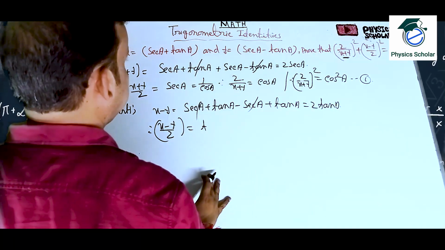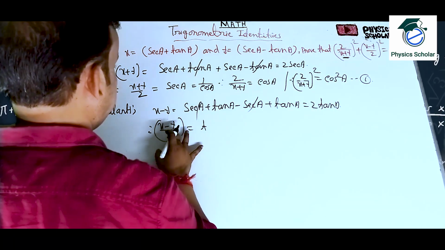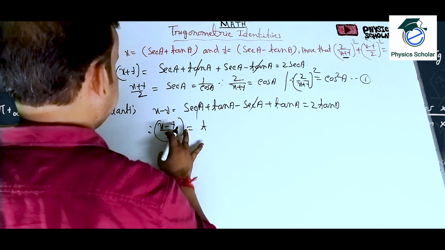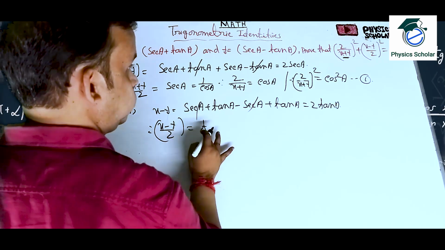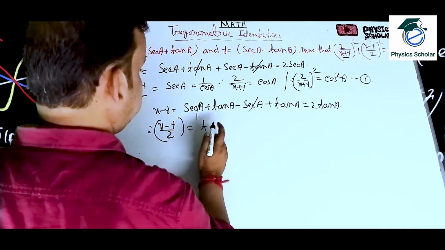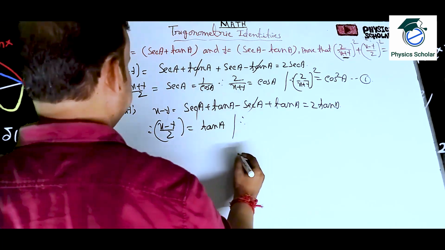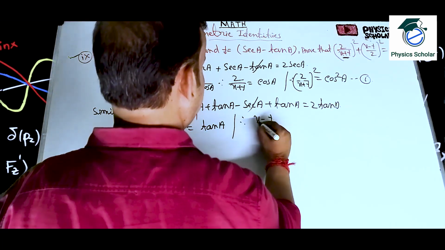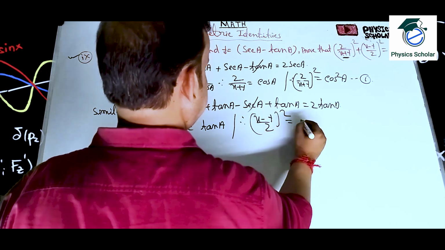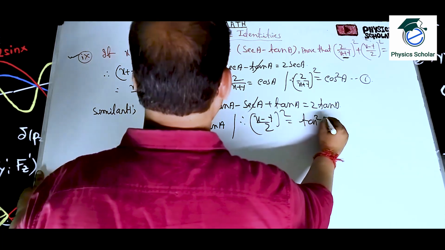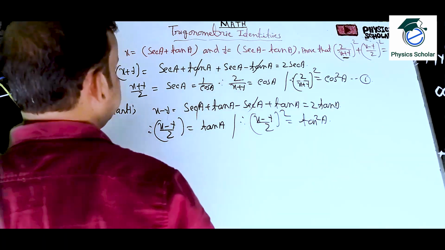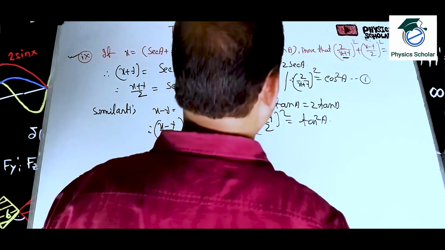And x minus y by 2 whole square is equal to tan square a.